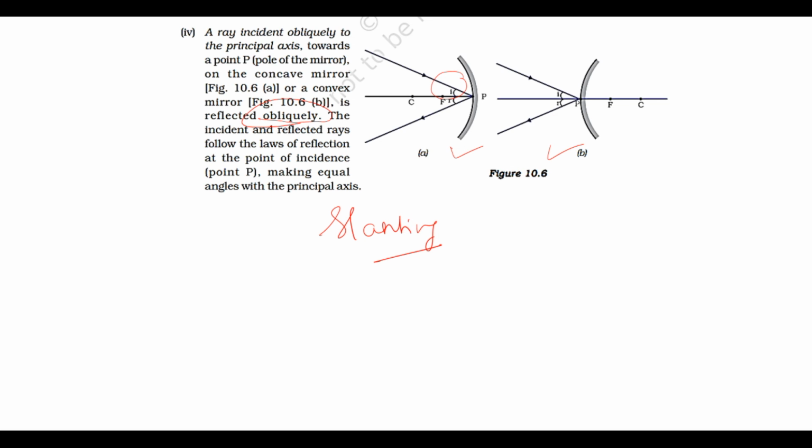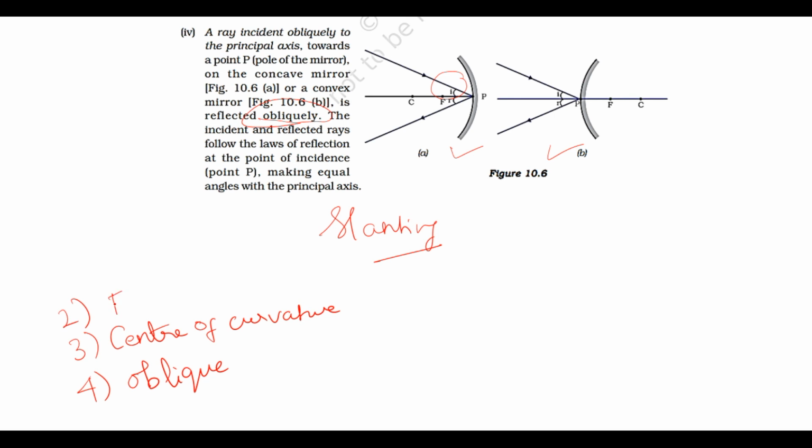Once again, I'll just repeat the rules. Shall we go in reverse order? What is the fourth rule? It is the oblique rule. What is the third one? It is the center of curvature rule. And what is the second one?